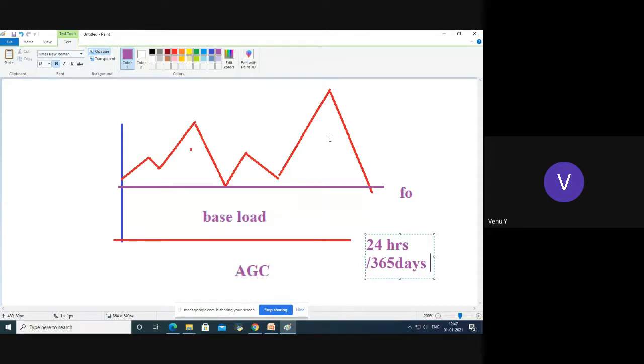If you have any questions, please raise them. Otherwise, I hope everybody understood this. That's why the frequency response is on the negative side, a variation from the base frequency, F naught.